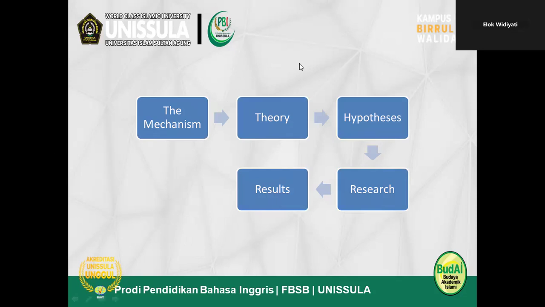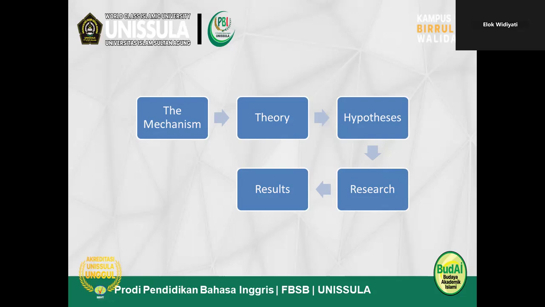The first, the basis is about theory. Make sure that the theory you've got is no more than 10 years old. But if it is grounded theory and it deals with the method, it will be alright. And then after gathering the theory, you have to make the hypothesis. You have to link the experience in the research with the theory.